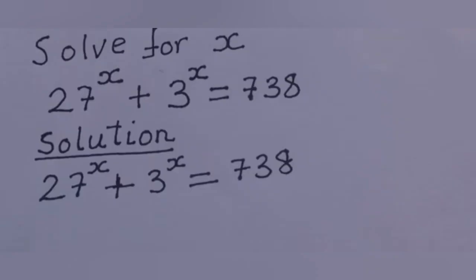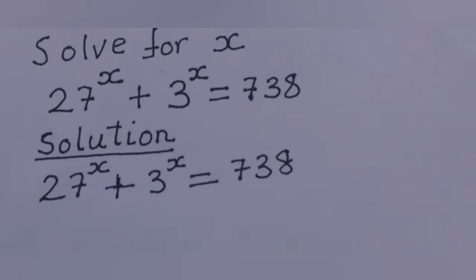Once again, we have an exponential equation which is 27 raised to power x plus 3 raised to power x equals 738. We are told to find the value of x.